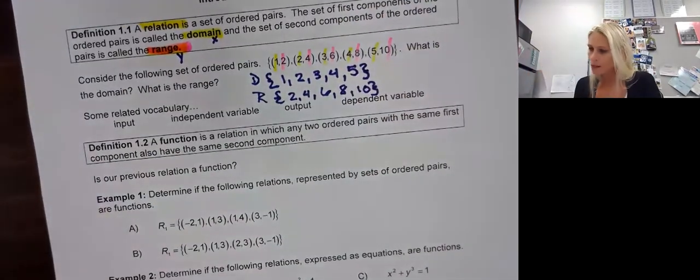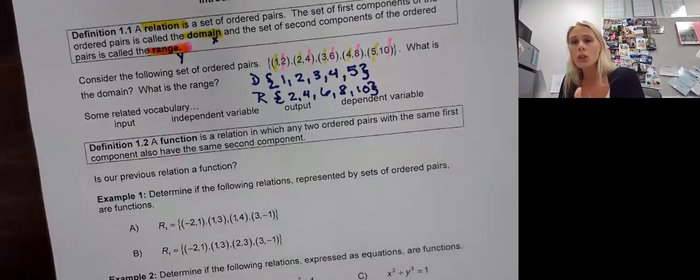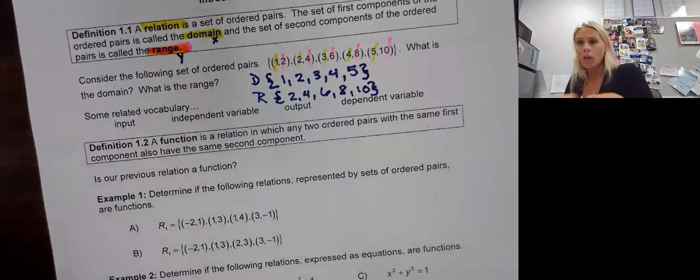Okay. So some related vocabulary that intermixes with domain and range are input. So input, what you put into a function, that is also part of your domain. Your independent variable means that it's all right by itself. That is also your x value, your input.